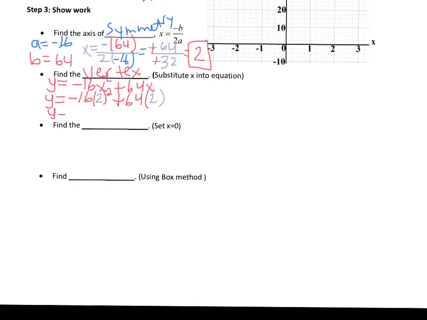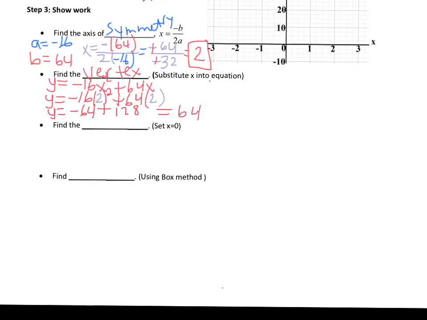So y is equal to negative 64 plus 64 times 2, which gives us 128. And if we solve that, we get a positive 64.